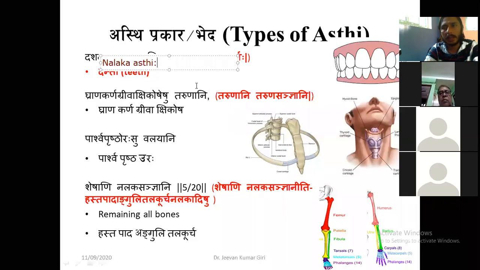Now what Acharya has told is that all the remaining bones, except the bones of Kapala, Ruchaka, Taruna and Balaya, are Nalaka. Now see here, Seshani, Nalaka, Sangyani. Now what are the remaining bones? These remaining bones are the Nalaka Asti.